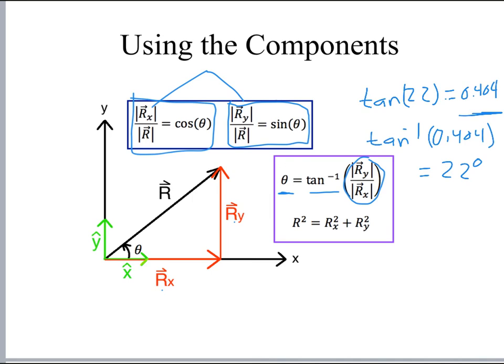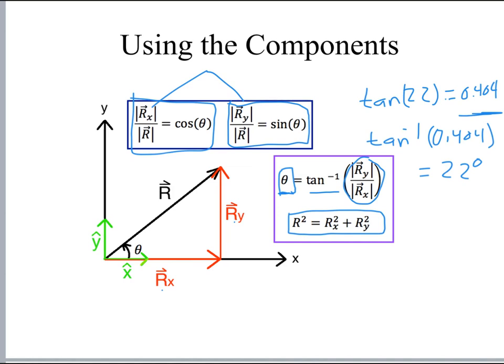And this is what we're doing here. We've got our components y and x, and we want to find theta, so we take the arctangent of that ratio. And then, of course, if I want the magnitude, I can simply apply the Pythagorean theorem. In other words, this side squared plus that side squared is equal to the square of the vector.